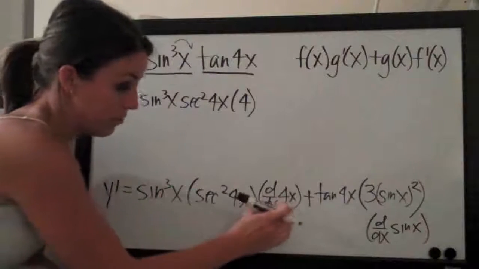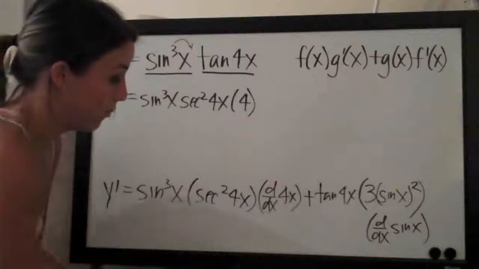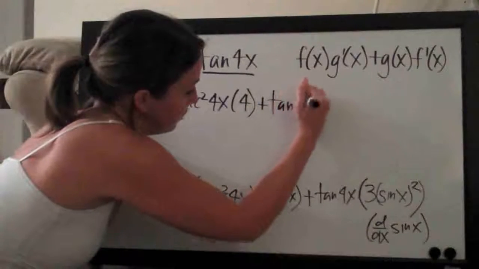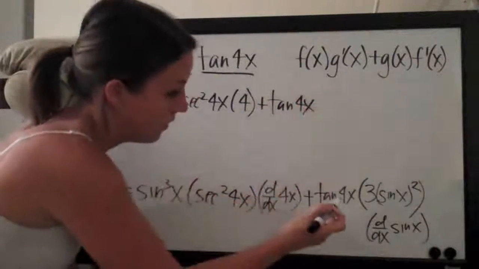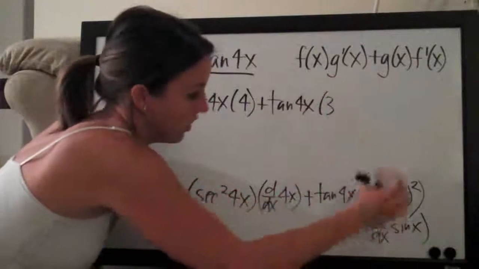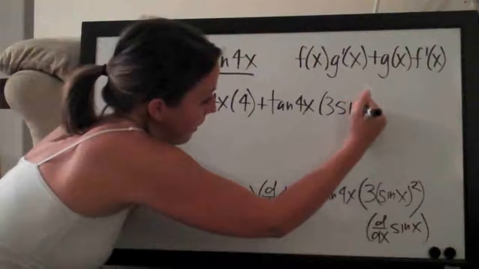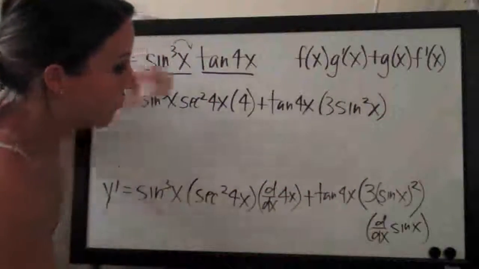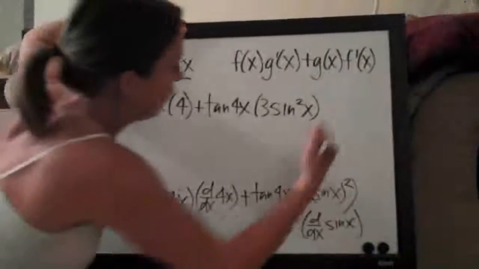We were able to take the derivative of 4x by itself and get 4, so we're done with that, and then we add to that tangent of 4x times 3, and we'll change this to sine squared x, which is the proper way to write it. And then the derivative of sine of x is cosine of x.